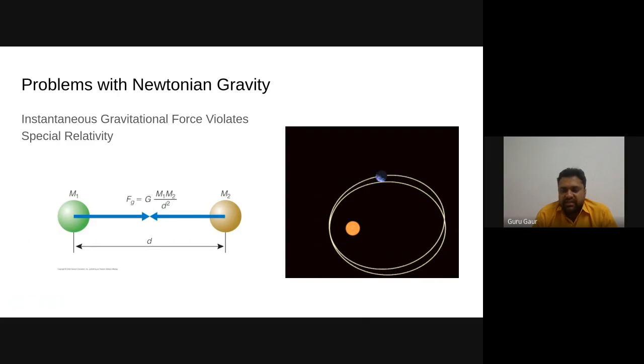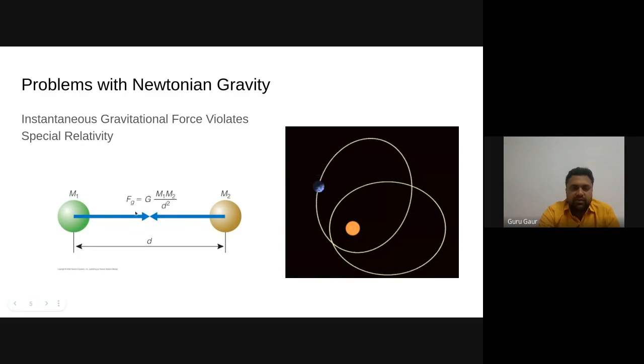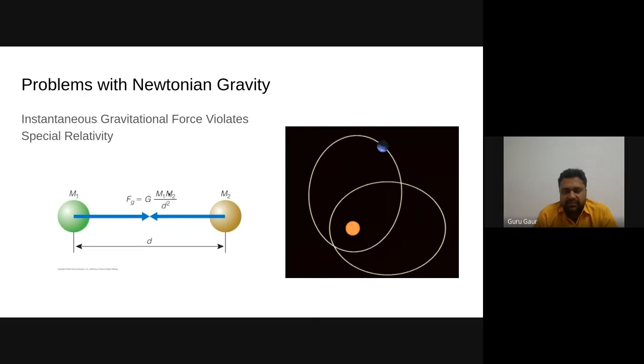But then people, especially Einstein, started realizing the problems with the picture of gravity given by Newton. The first observation was that the force between two bodies is G M1 M2 upon d square, and this force is instantaneous. What do I mean by instantaneous?